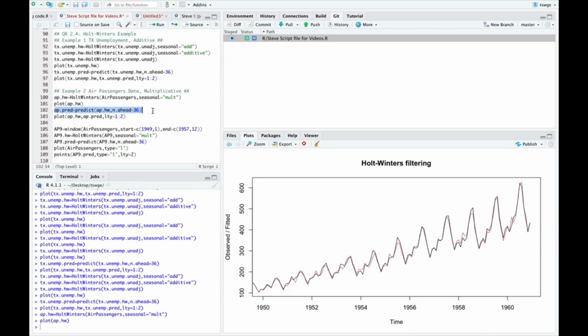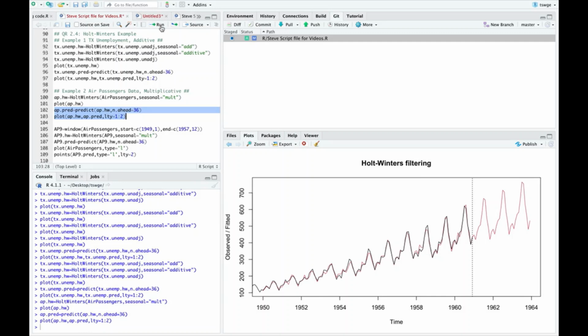So we say AP.pred for predict equals, here's the syntax, predict, parentheses, data set, that's AP.HW, and then comma, n.ahead of 36. So that's the next 3 years worth of data. And then let's plot that. Again, we'll use the line type 1:2, and we're going to plot the Holt-Winters, and then along with these new predicted forecasts.